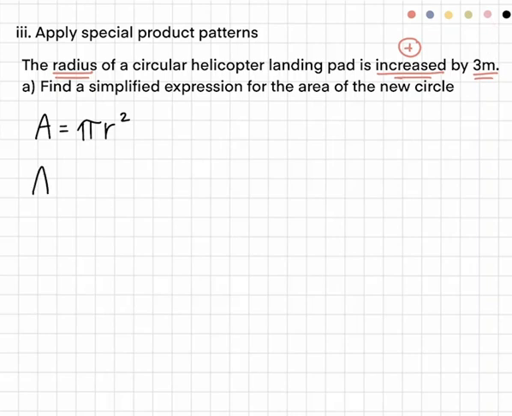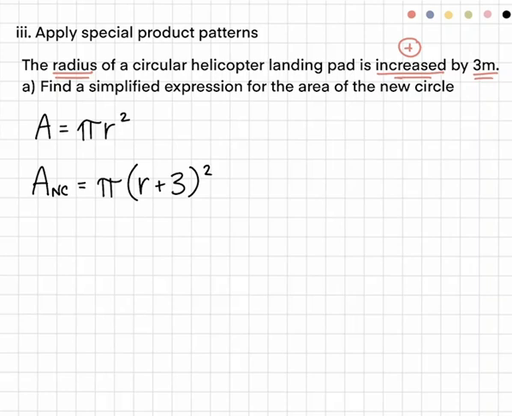So, let's call this, I'm going to call it A_NC, actually, sorry, for new circle. Okay, so the area of the new circle is equal to pi, which hasn't changed, times (r + 3) squared, because my radius has increased by 3 meters, right?